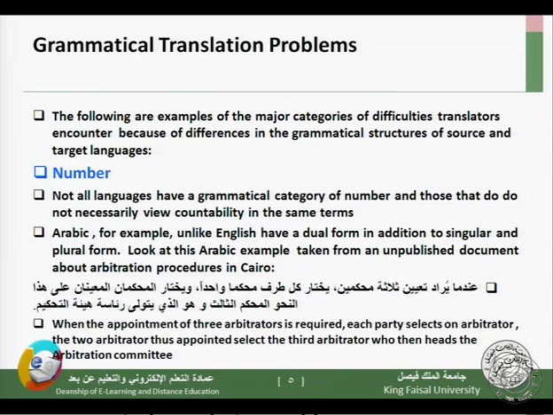Now we have this example. Look at this example taken from an unpublished document about arbitration procedures in Cairo. Now look at this. How would you translate this? Is it easy?